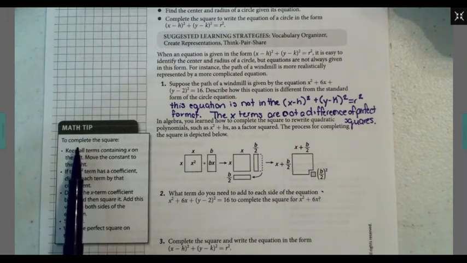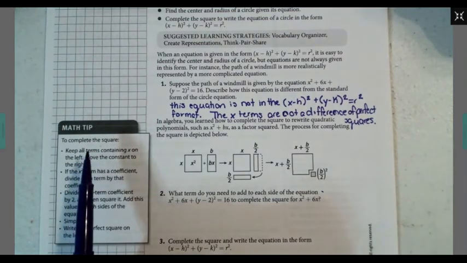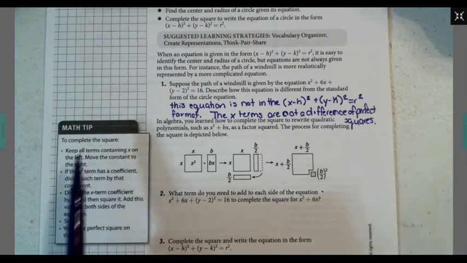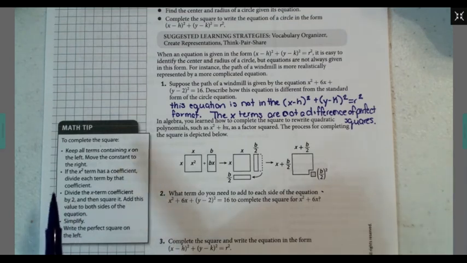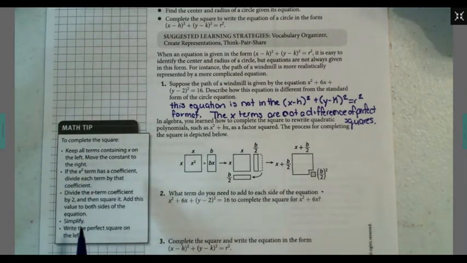It says to complete the square, keep all terms containing x on the left. Move the constant to the right. If the x squared term has a coefficient, divide each term by the coefficient. Divide the x term coefficient by 2 and then square it. Add this value to both sides of the equation. Simplify. Write the perfect square on the left.